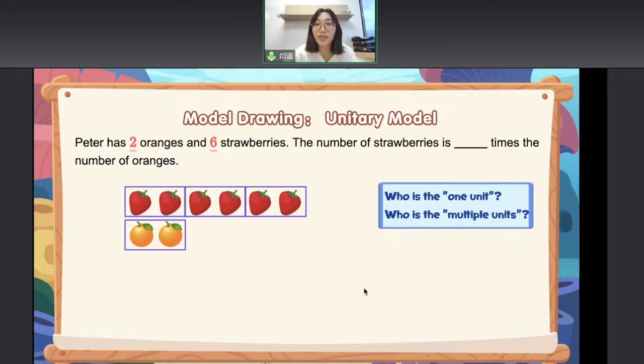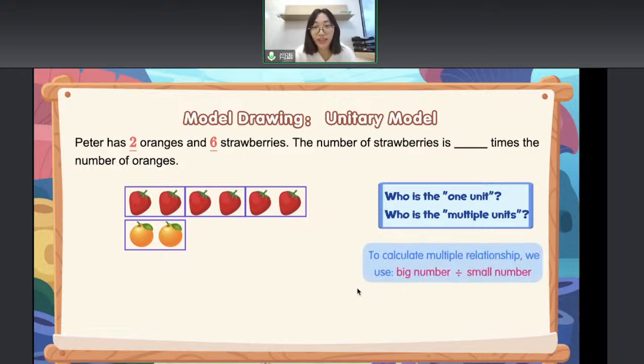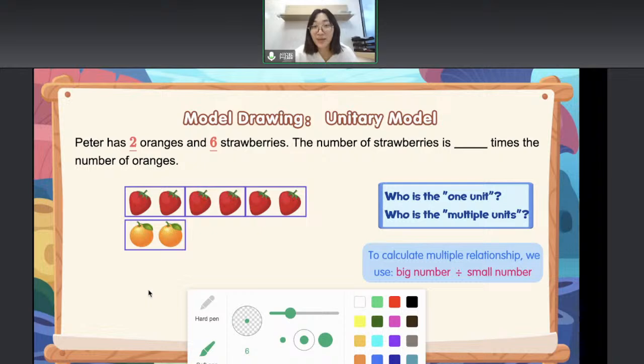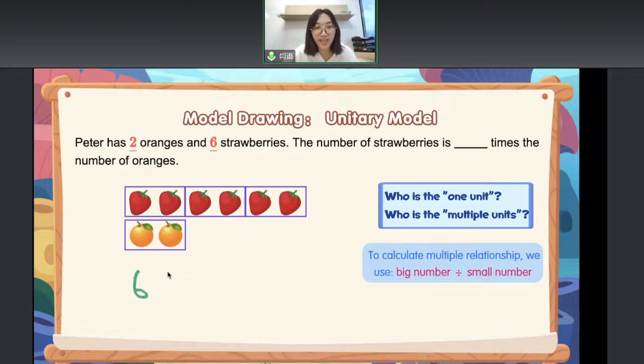So according to the model here, we can get the relationship is bigger number divided by the smaller number. So look, the bigger number, 6. The smaller number, 2. 6 divided by 2, you will get 3. That is, the number of strawberries is 3 times the number of oranges. Okay?